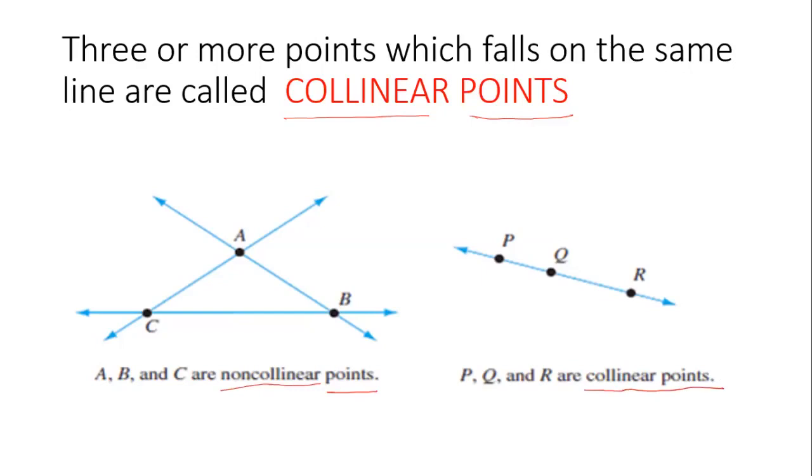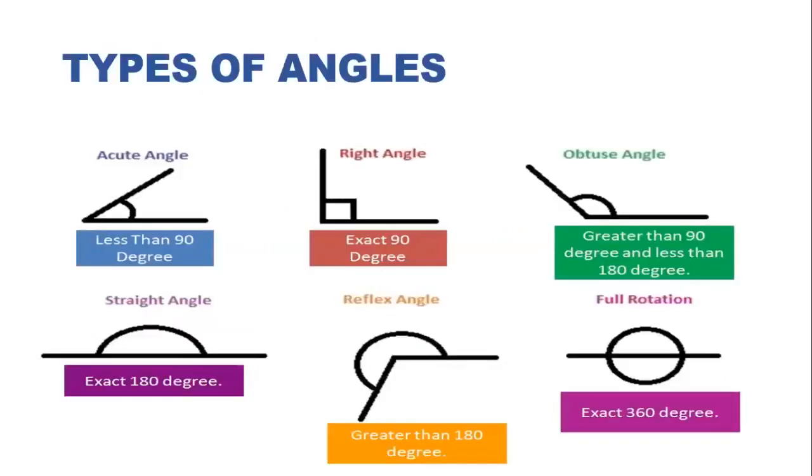The next concept in this chapter is of angles. आप लोगों को already पता है कि angle क्या होता है. एक angle होता है when two rays meet each other. It is called vertex. And these two are called arms of the angle.